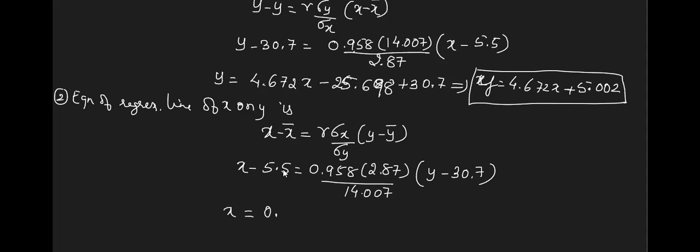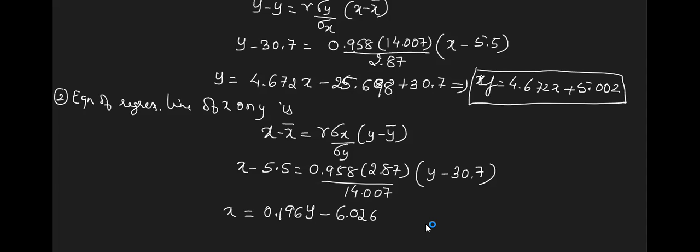What do you get? 0.196. So this is 0.196 into y. Then the same quantity into 30.7. Do it. 6.026.